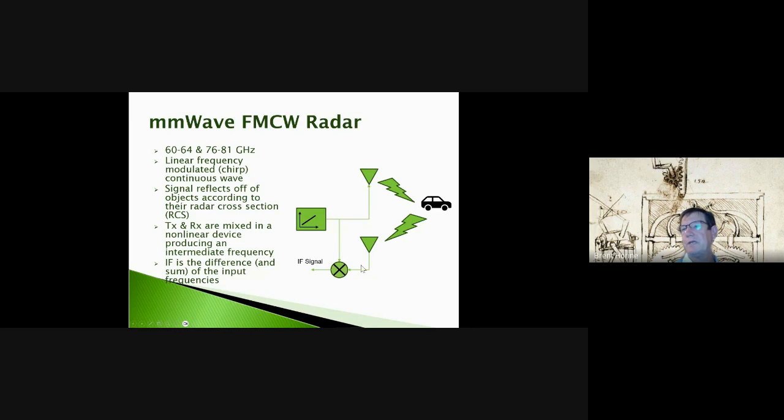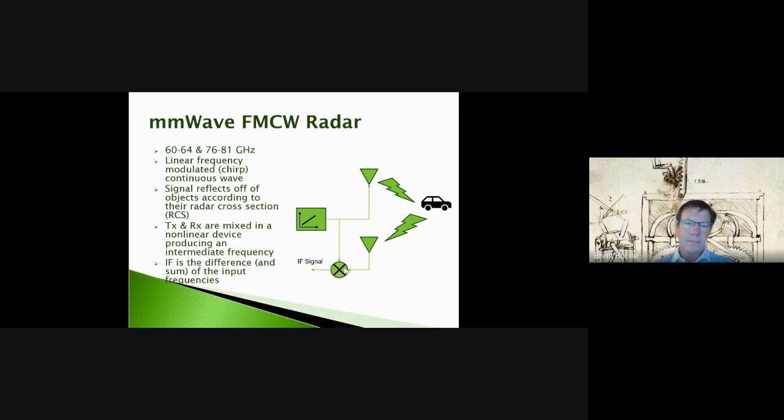So now we receive it. We might amplify it, filter it, that type of thing, but then we mix it in this non-linear device here. Might be a set of diodes and some wideband transformers, but it's a highly non-linear device.